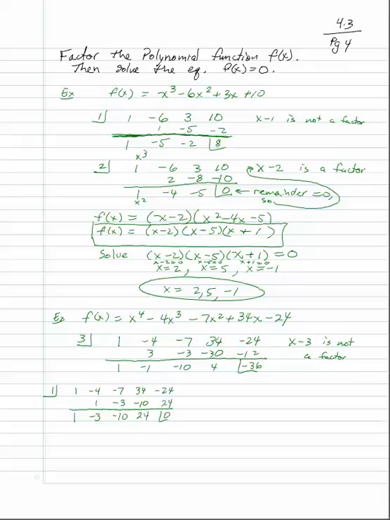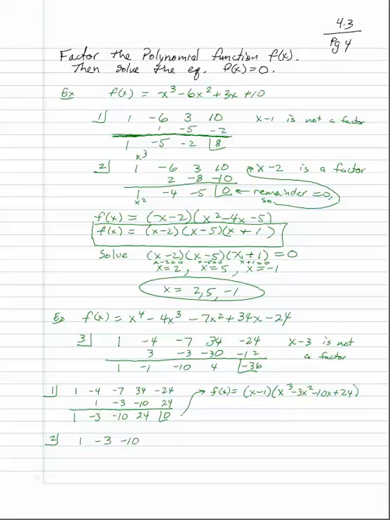So this tells us that our f of x is x minus 1 times x cubed minus 3x squared minus 10x plus 24. And so now we need to factor the x cubed. So let's try 2. 1, and we're going to take this answer, 1, negative 3, negative 10, 24.